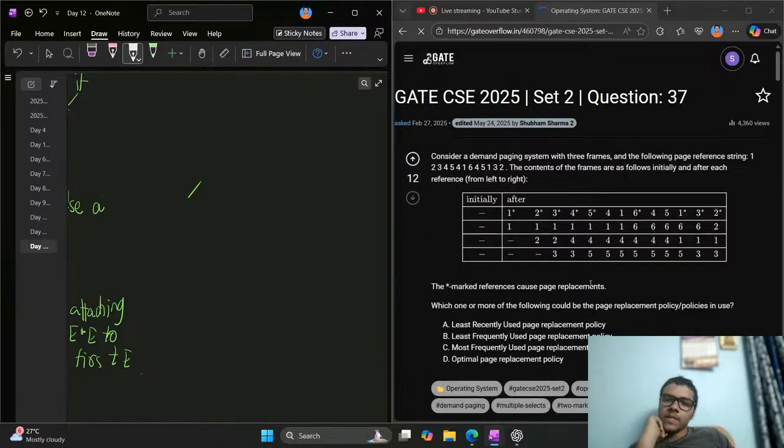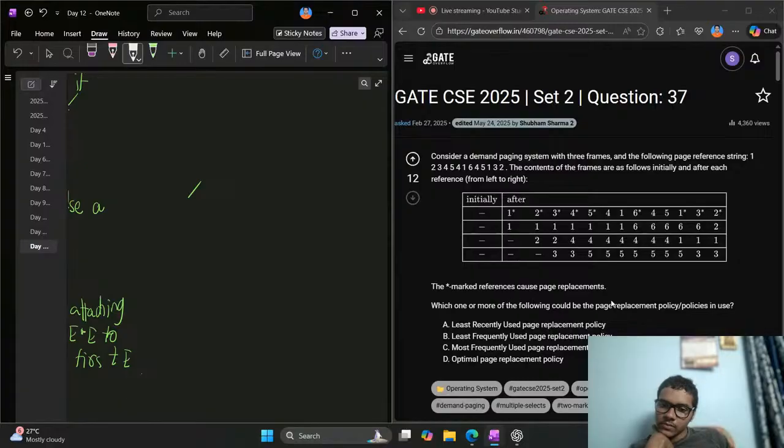a demand paging with 3 frames. In the following page references the contents of the frame as followed initially, and after each reference from left to right, the marker reference cause page replacements.